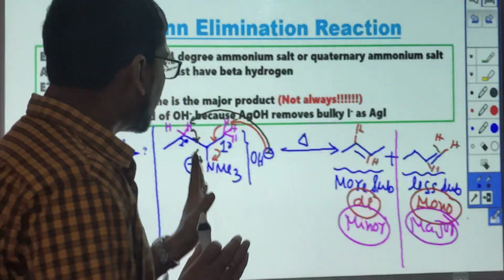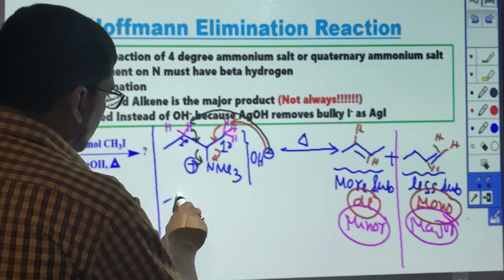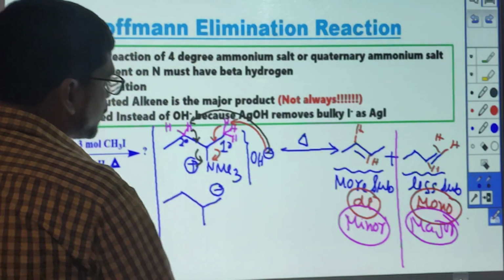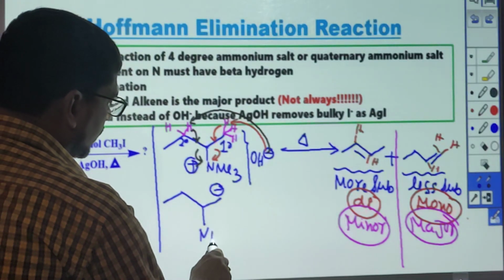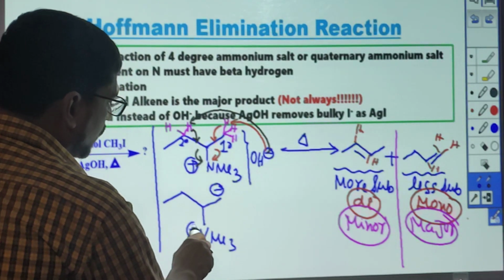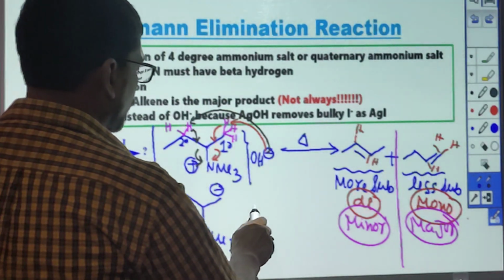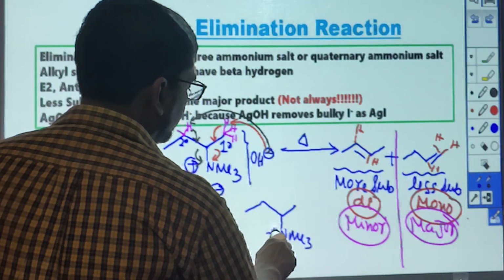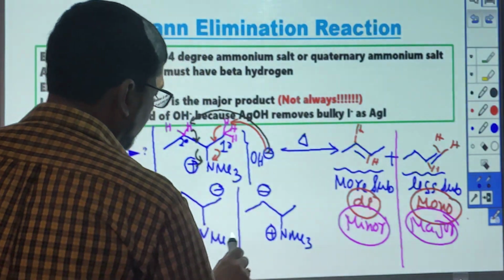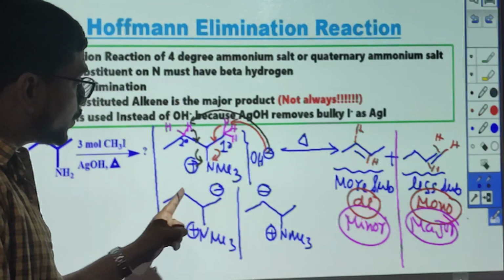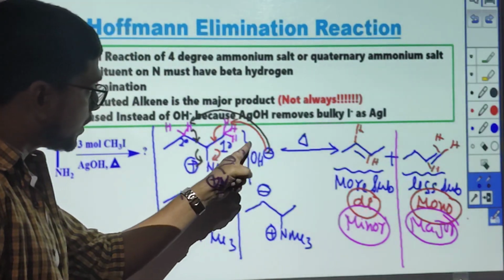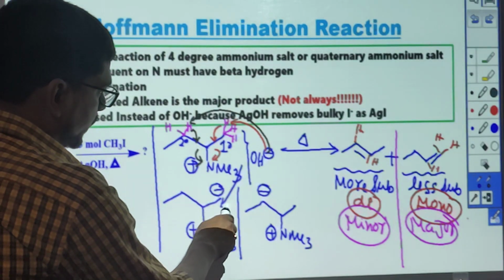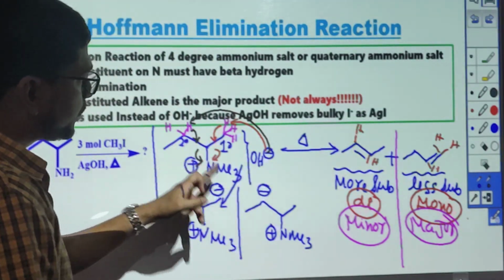In order to know that, suppose you write the conjugate base here, and from the other one you can write here NMe3 plus, and you can get this conjugate base. Now if I ask you which one will be more stable, this one or this one? After grabbing this proton the conjugate base will form like this one, and after grabbing this proton the conjugate base will be like this one.